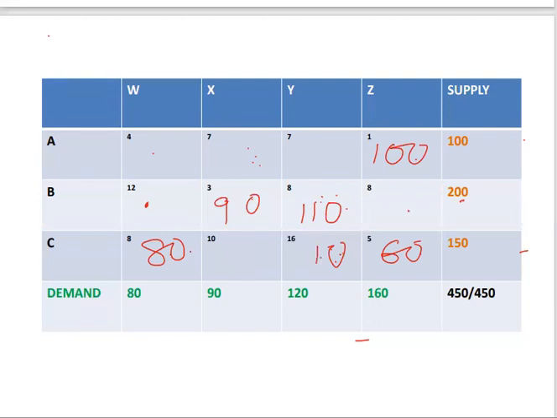Where do we move to? CZ to CY, CY to BY.